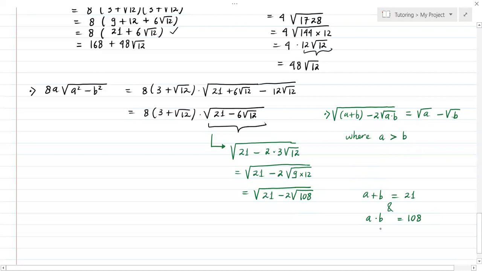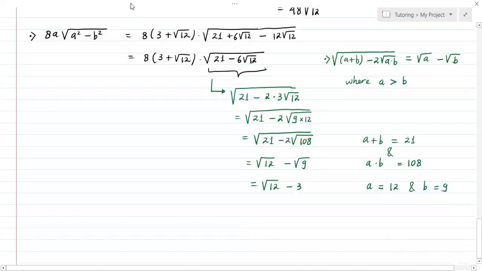Here we find a equals 12 and b equals 9. So we can write root of 12 minus root of 9, so the result is root of 12 minus 3.